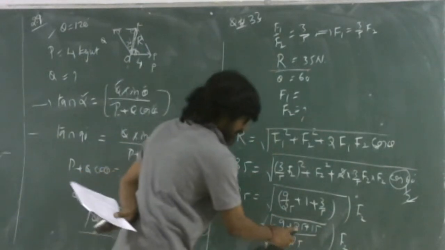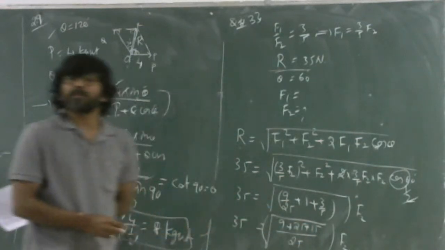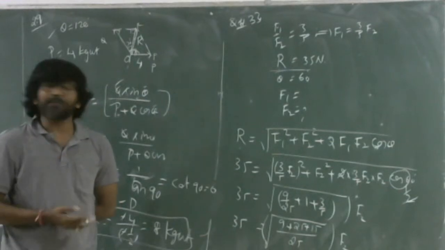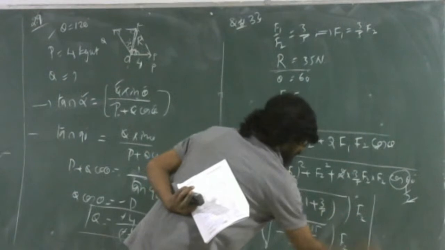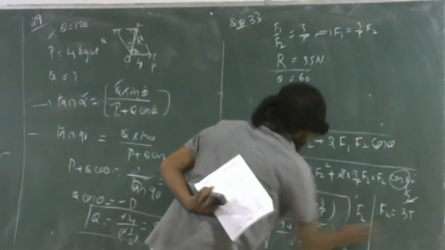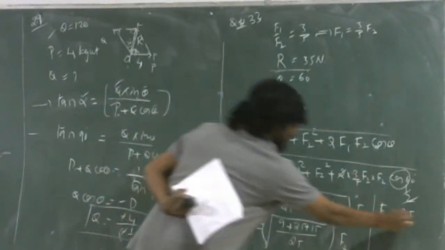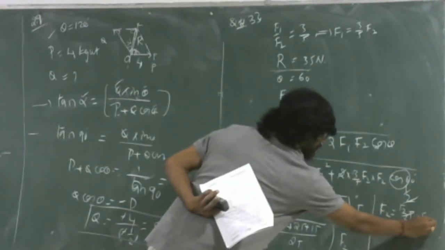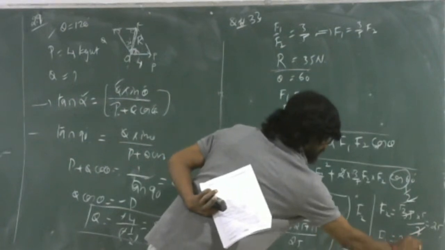What is this? 25 plus 15 is 40, plus 9 is 49, so 49/25. The root of 49/25 is 7/5. So from this, F2 into 7/5 is equal to 35. Cross multiply: 5/7 into 35, 7 fives are 35, so F2 is equal to 25 newton.